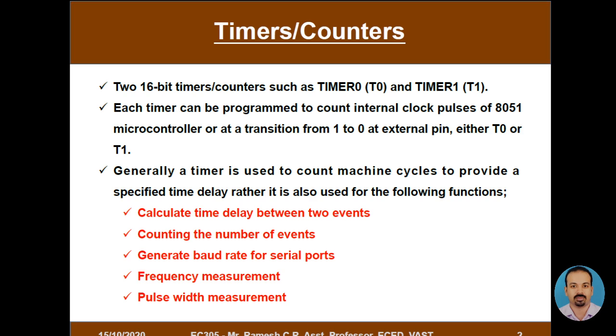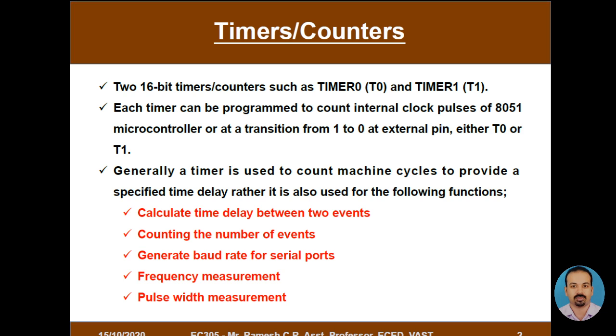If you look at the functions, generally we make use of this timer or counter module to count the machine cycles and to provide a specified time delay in our program, or in solving some specific problems. Apart from that, we can use these timers or counters to calculate the time delay between two events, and to count the number of events that occur.